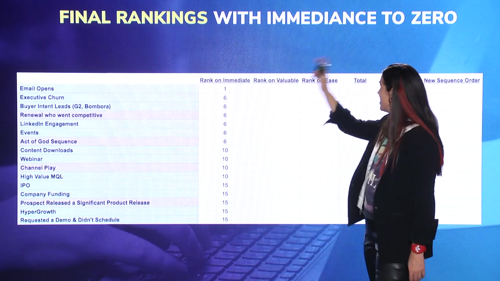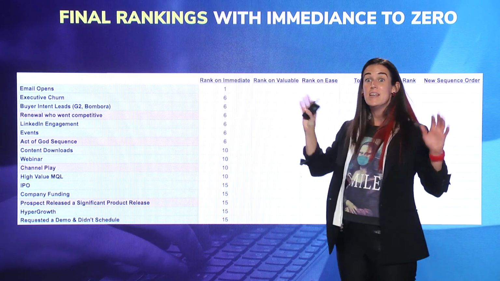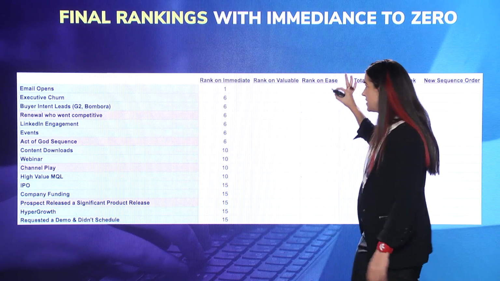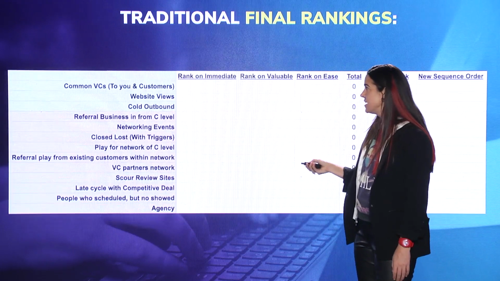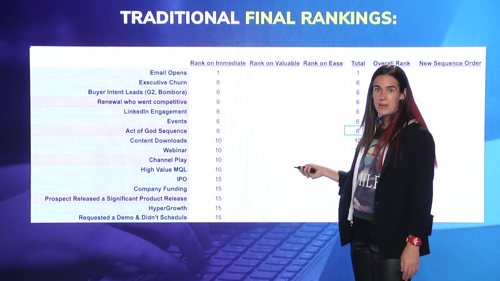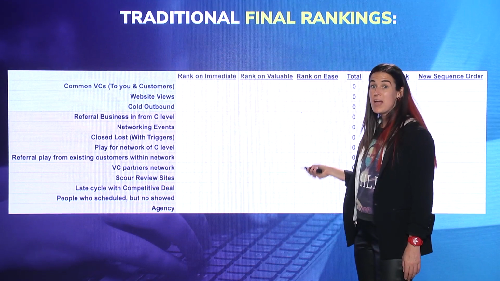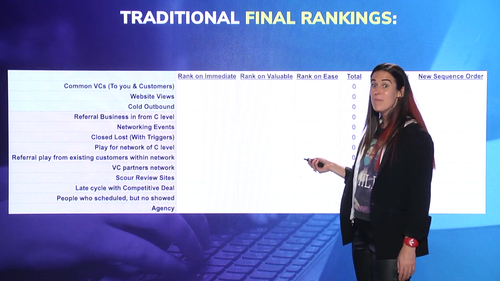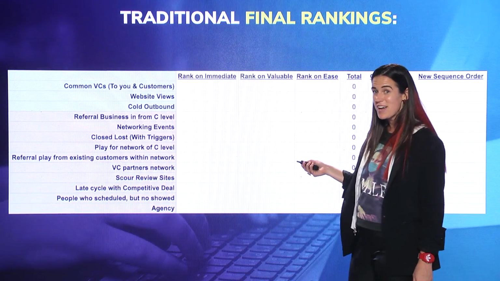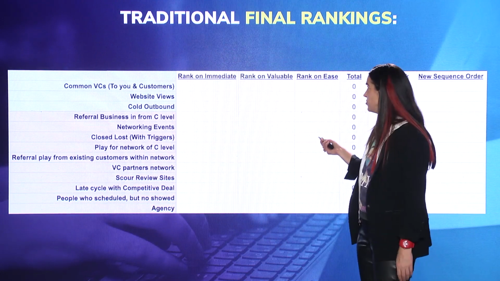Second type is final rankings with immediance not tabbed to 0. So basically in this case scenario, instead of bifurcating into 2 groupings of immediate and not immediate, what if I want to put a rank to immediance and say, I'm going to let that play part of the factor, but I'm not going to separate into 2 groups.